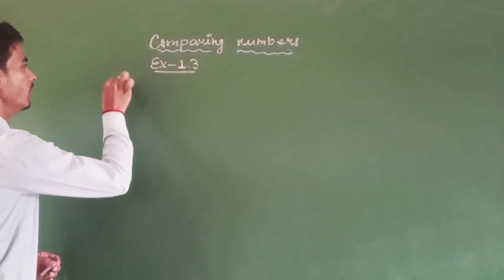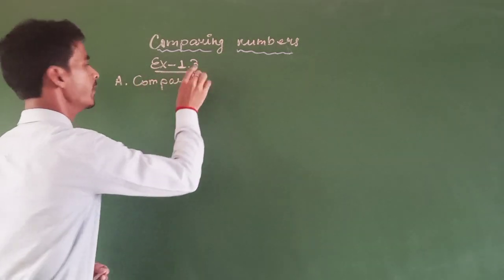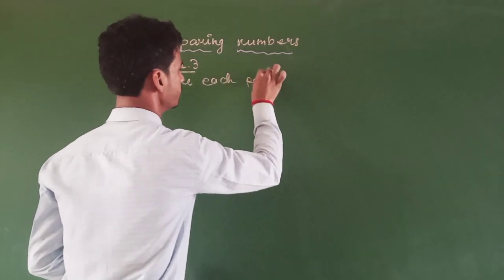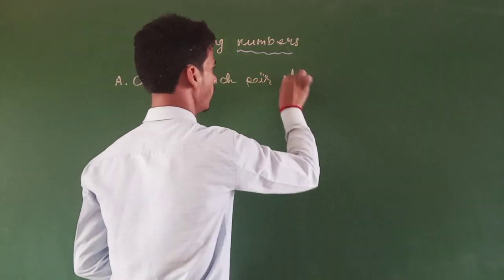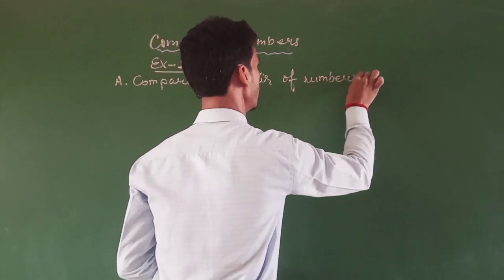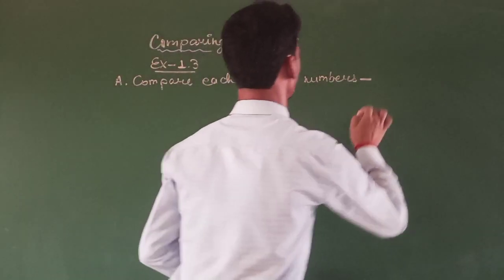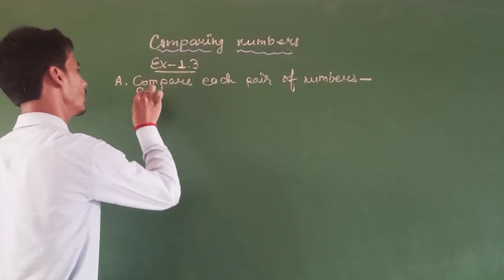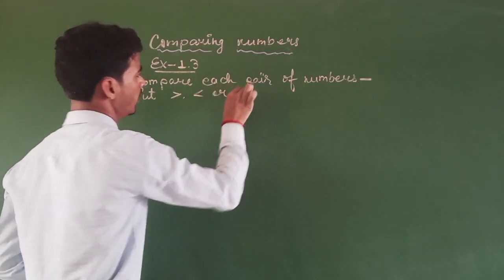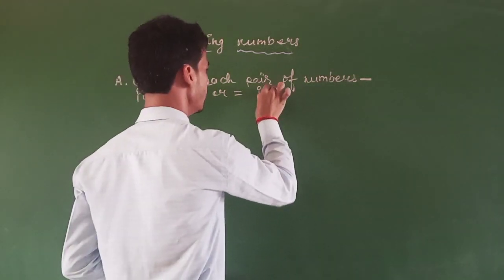Compare each pair of numbers, and put greater, smaller or equal in the circle.